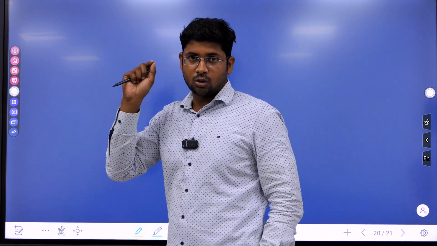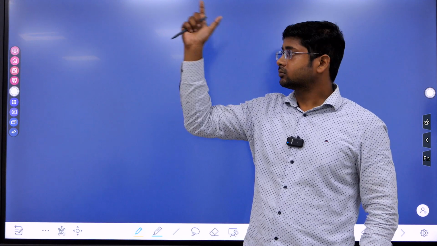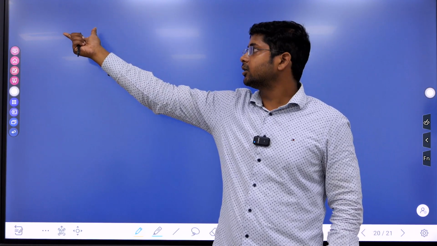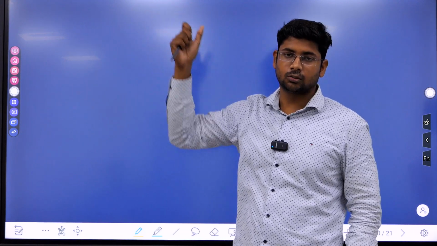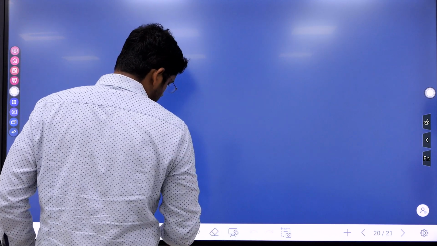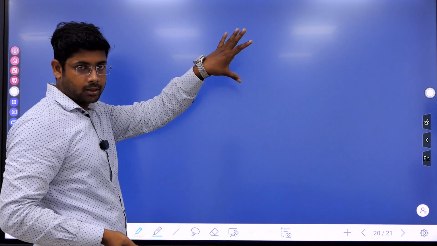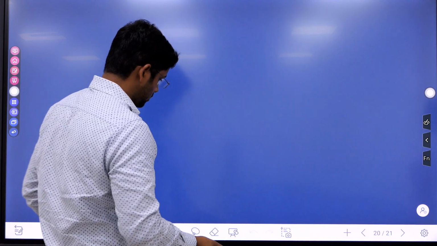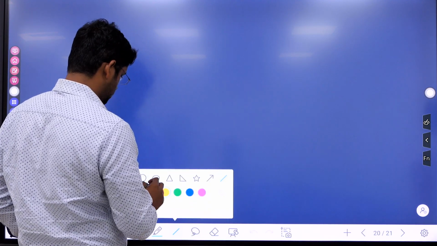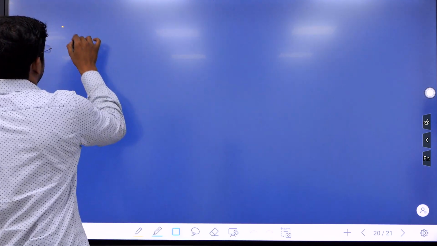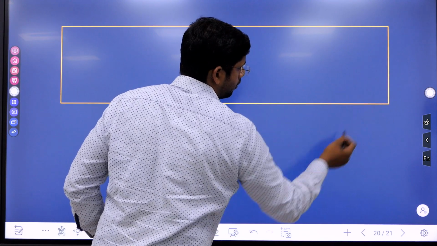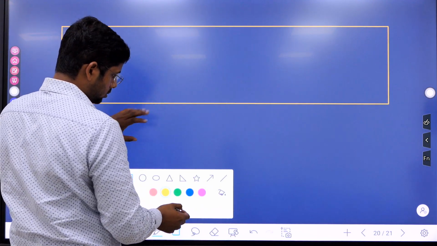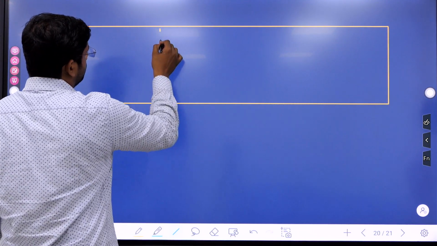This is the most confusing concept here. So first I will draw one table, and you focus on how to draw the table. If you know how to draw the table, you also know how to solve the questions. Take this table and divide it into different parts.